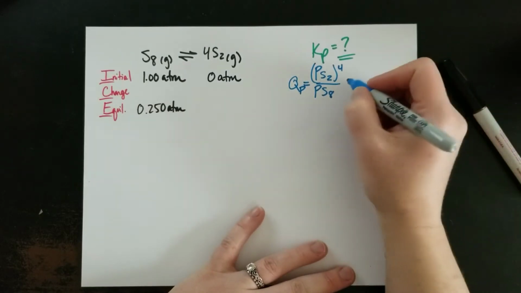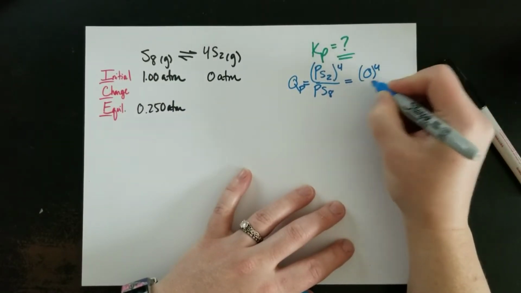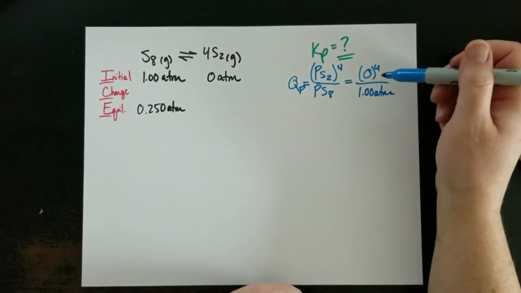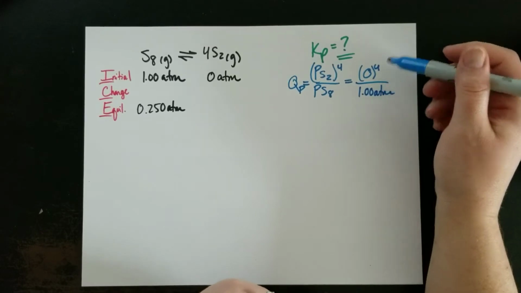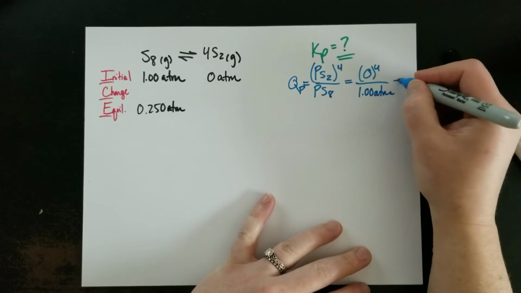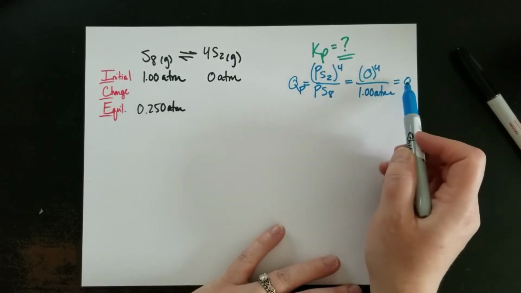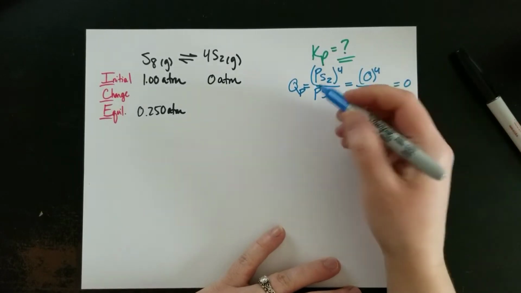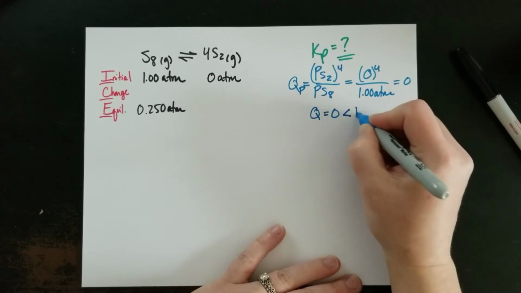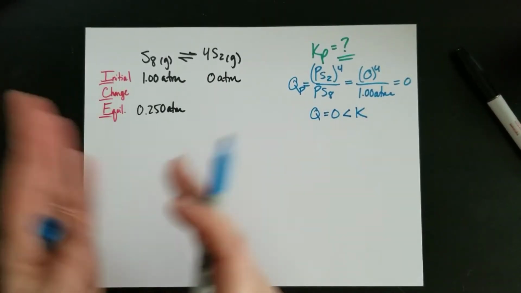So if I note here, what's happening when I have 0 and 1? Well, I have 0 to the 4th on the top, and I have 1 atmosphere on the bottom. And 0 divided by a number is basically going to give you a 0. And so notice here that this is a situation where Q is equal to 0. And if Q is equal to 0, that is always going to be less than our value of K. Because remember that K can take a large range of values, right?